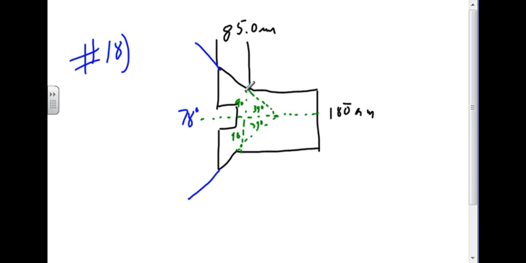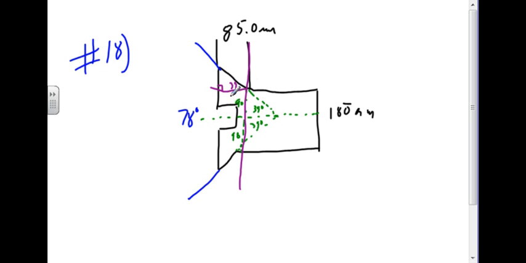Okay. Now, I got this guy coming through like this. Alternating angles are equal. So if this is 39, that's got to be 39.